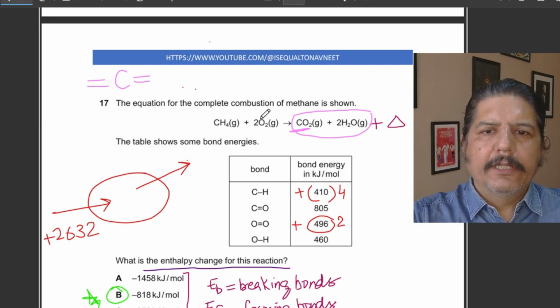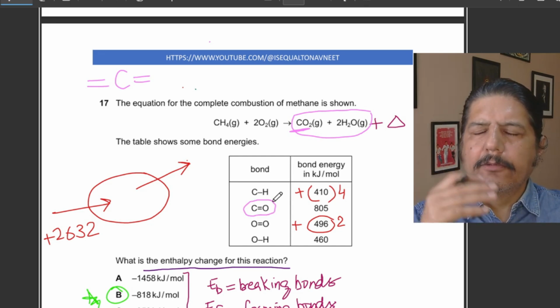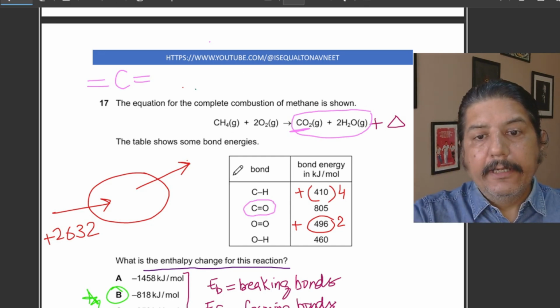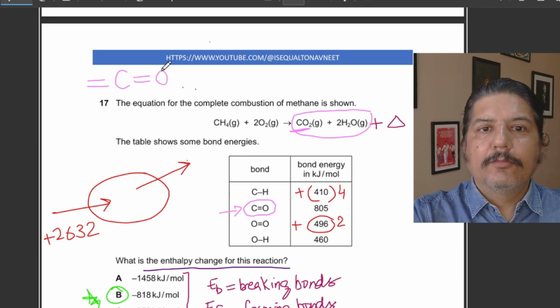If you don't understand bonding, then maybe you'll get some hint when you look at these bonds. For example, if you are the kind of student who doesn't understand single, double, triple bonds, then you can get a hint from here that if you are looking at CO2, then these are the kinds of bondings which will be there.